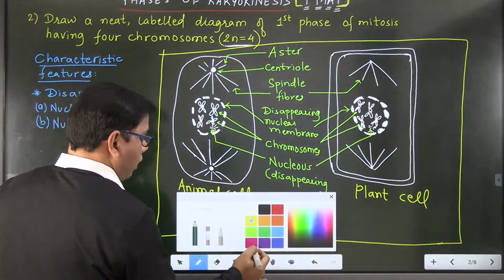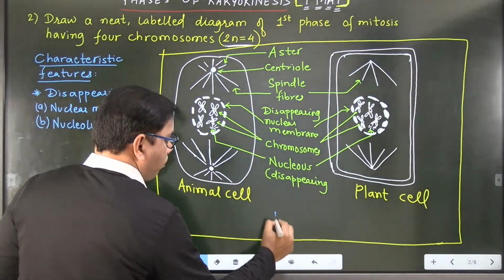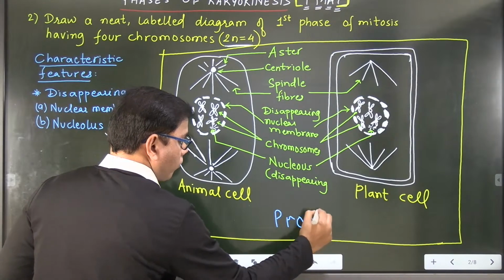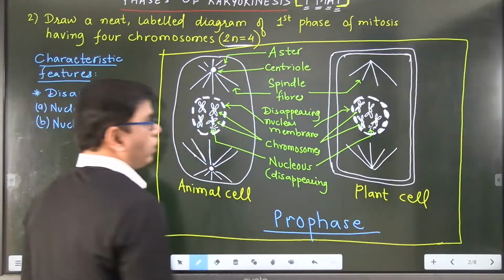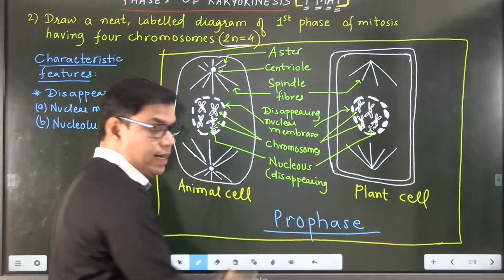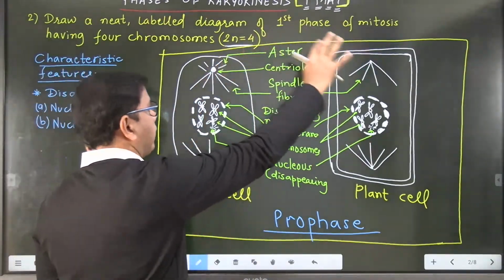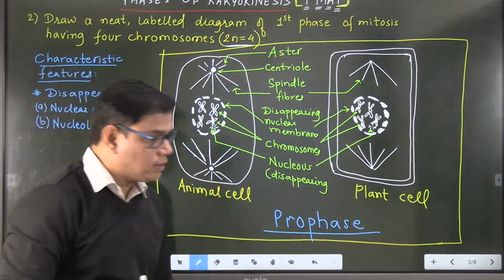And the title is prophase. You can use a pen for drawing this title, but for drawing the diagram as well as labeling the parts, you have to use pencil only.